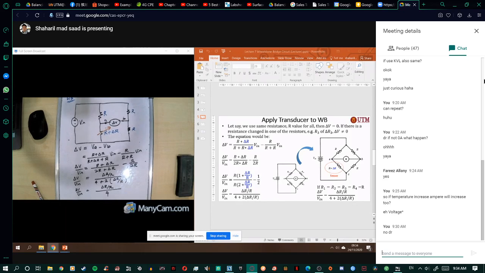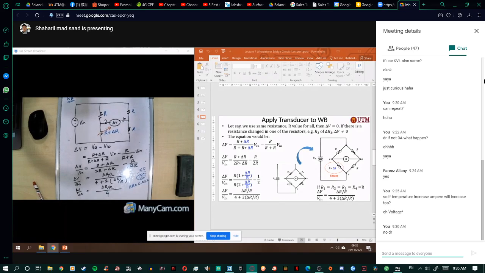The changes of your delta R are actually 0.004 or 0.001, very small. So 0.001 times 2 is 0.002, and then you divide it by, for example, 120 ohm. So this will be almost 0, so you can ignore it. So you can use the simplest one, delta R over 4.